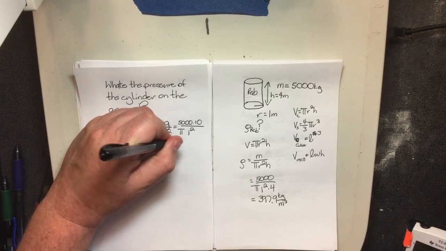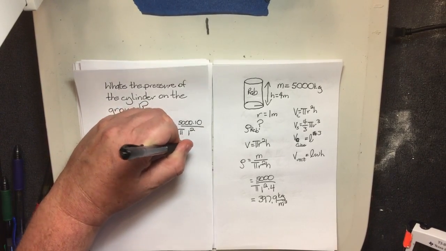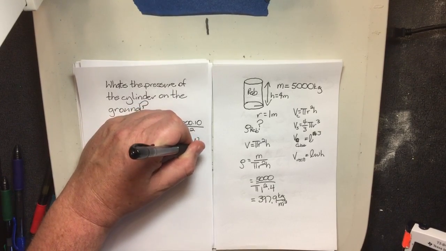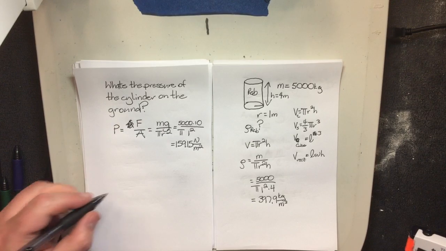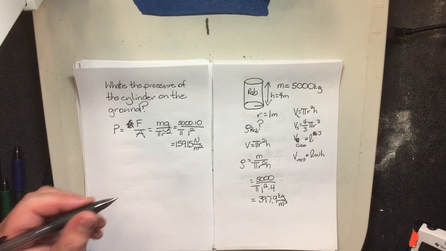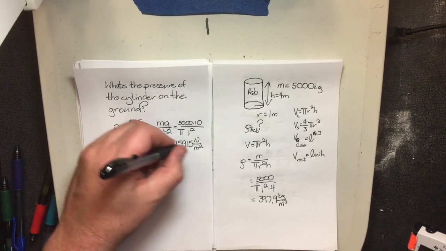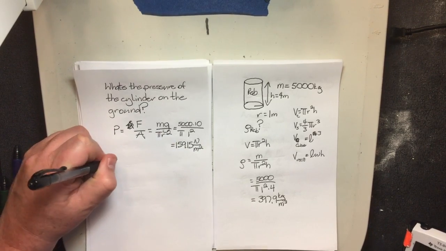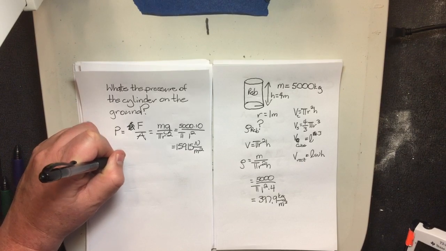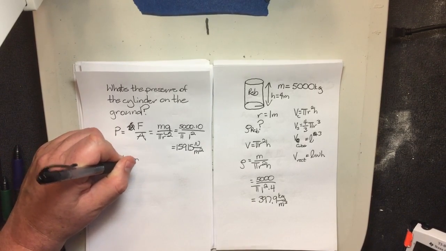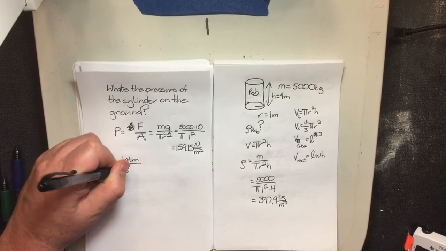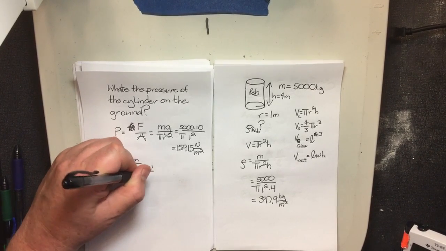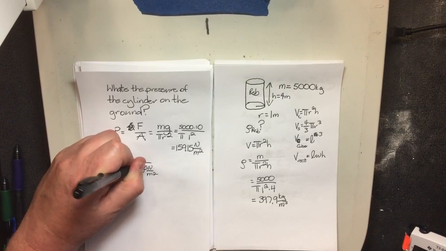And I get 15,915 newtons per square meter, or pascals. And we could rewrite this as, take this, multiply it by 1 atmosphere per 1.013 times 10 to the 5th newtons per meter squared.